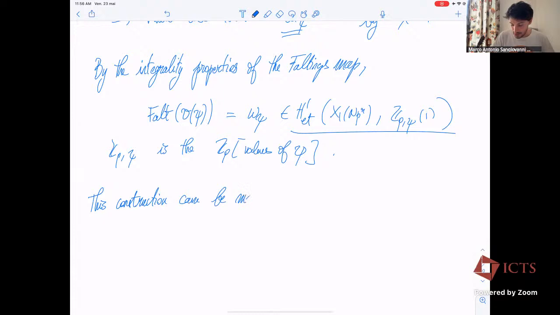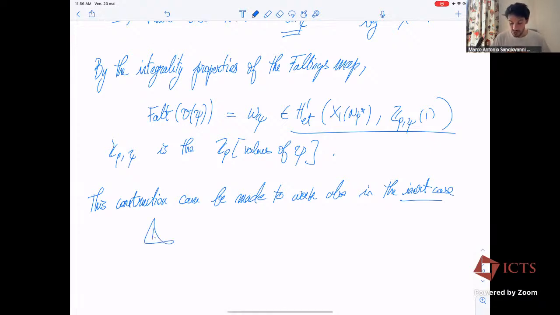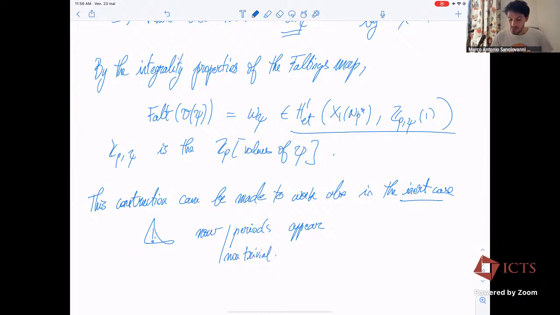Okay, so this construction can be made to work also in the inert case, but with the important caveat that now certain periods appear. It means that the image under the Faltings map of a theta series class will not be rational on the nose.